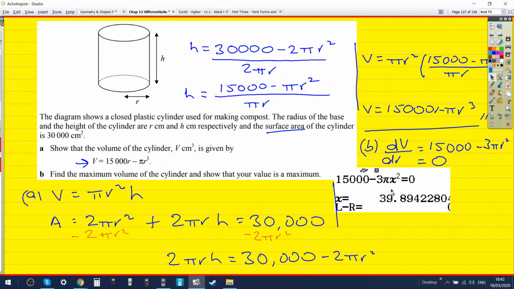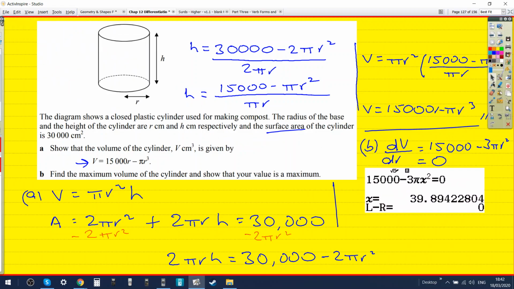And then we find the second derivative. That would prove that it's a maximum. What did we just find? We need to sub that value into the differentiation. So 15,000 minus 3 pi times 39.894 squared.